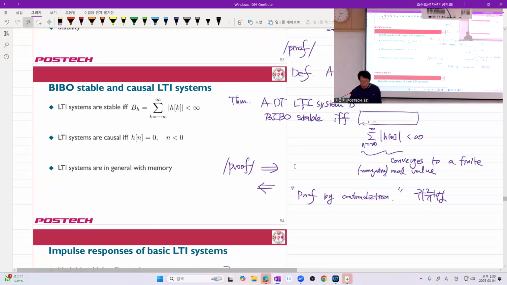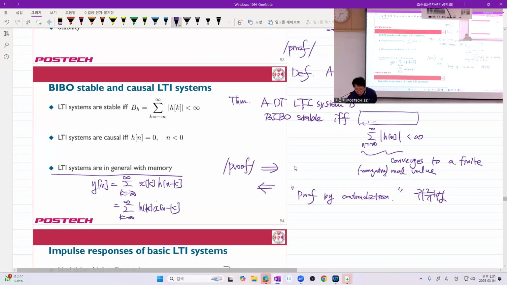By the way, LTI systems are in general with memory. This is kind of obvious from our input-output relation described by the convolution sum. As I told you, the convolution sum has two expressions, and let's take a look at this one.